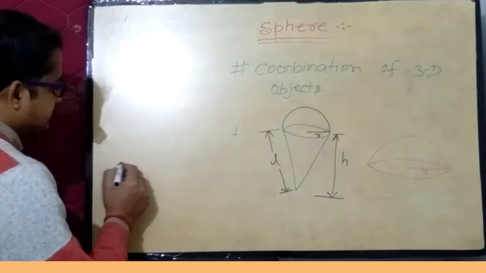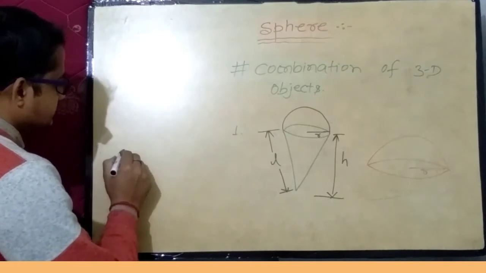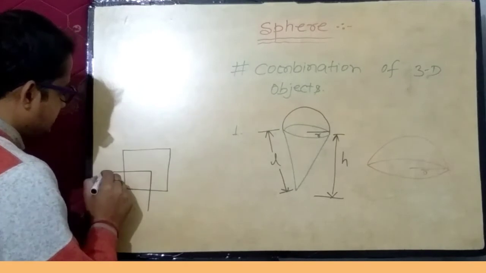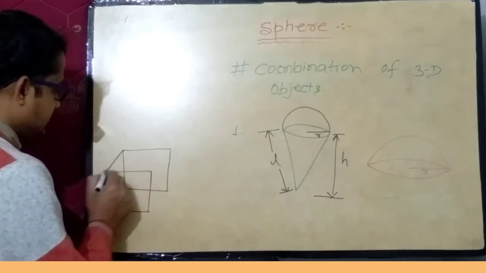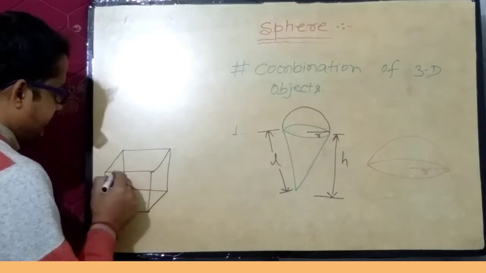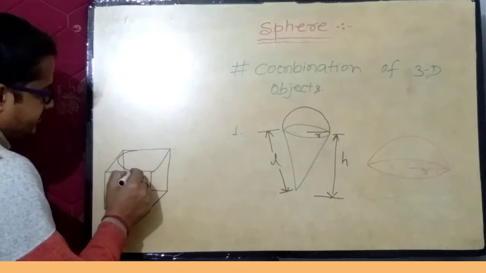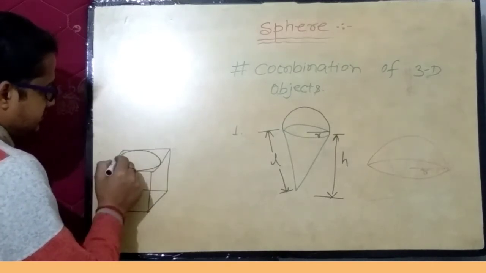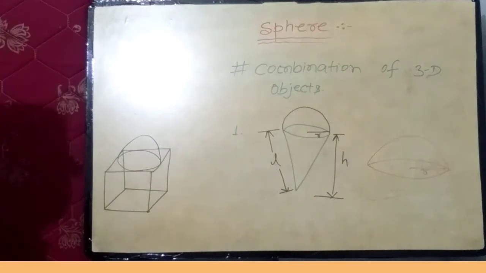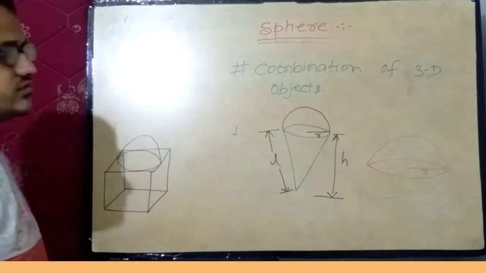Third case may be a case of a cube and a hemisphere is kept on the top of this cube. So this is the third case of the combination of object.